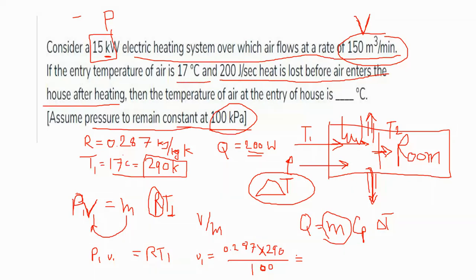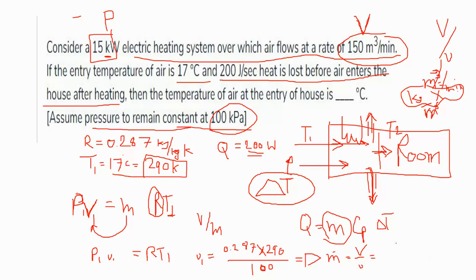So when you solve this and divide the total volume by specific volume, you will get the mass flow rate. Here you can see the unit of total volume is meter cube per minute, and specific volume is meter cube per kg. So meter cube will get cancelled, and we will get kg per minute as mass flow rate. So mass flow rate is total volume upon specific volume.